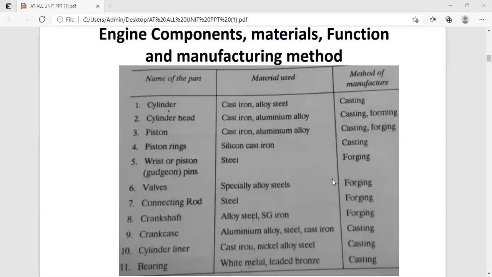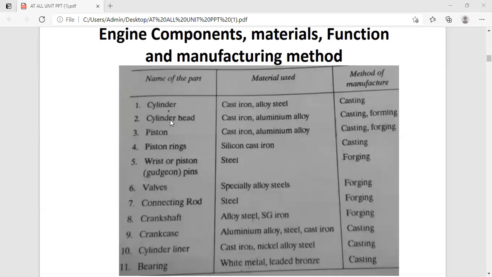Next, the second point is the cylinder head. The function of the cylinder head is to seal the top end of the cylinder.